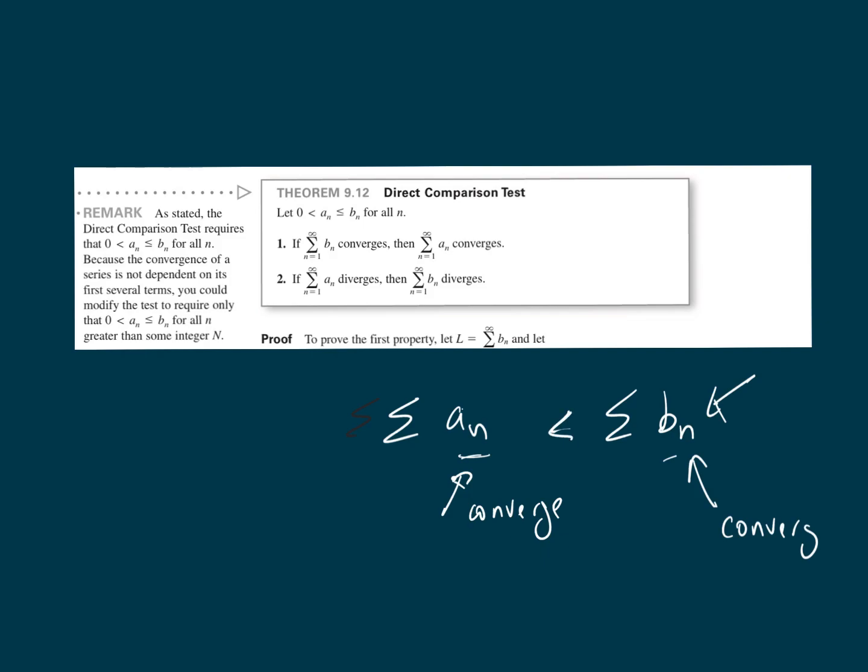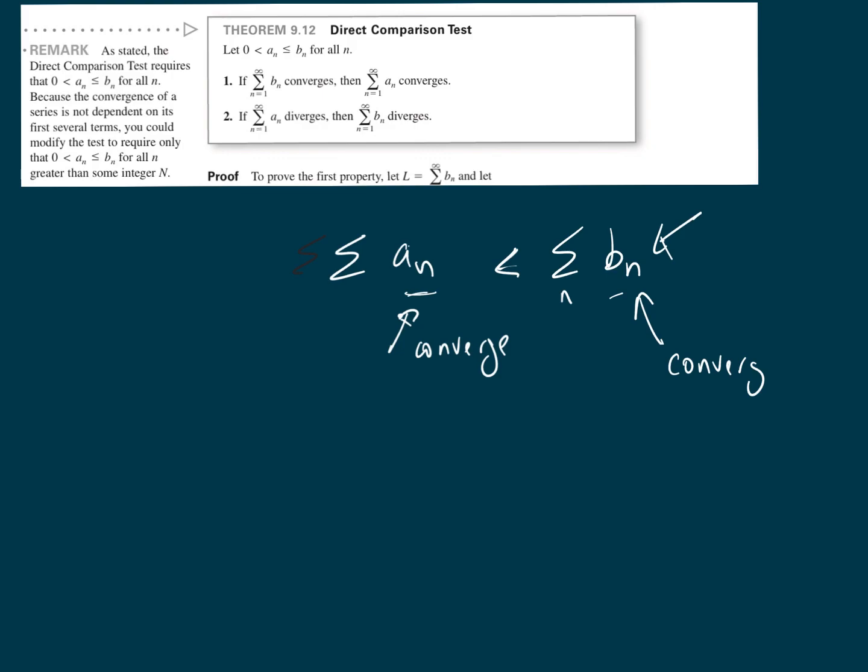So in this test, we assume that we know, for example, that the series 1 divided by n squared converges. Because it converges, you can compare it with another series. For example, let's invent some series.